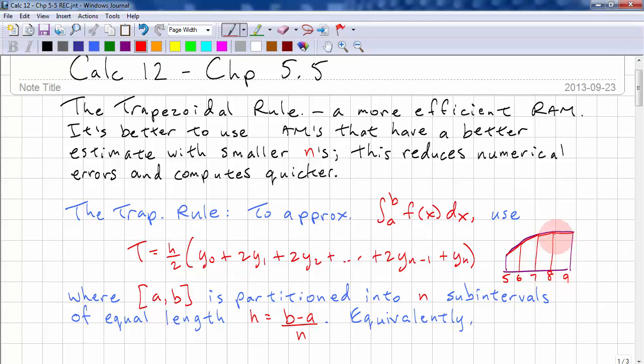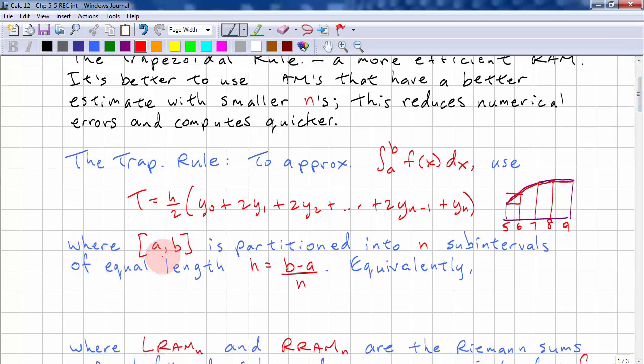And for the last trapezoid, we're using the y3 from here and a y4. And we only use a y4 once. So that's why we just have yn at the end. You can see that a trapezoid is better than a rectangle because the amount of area that differs is smaller.